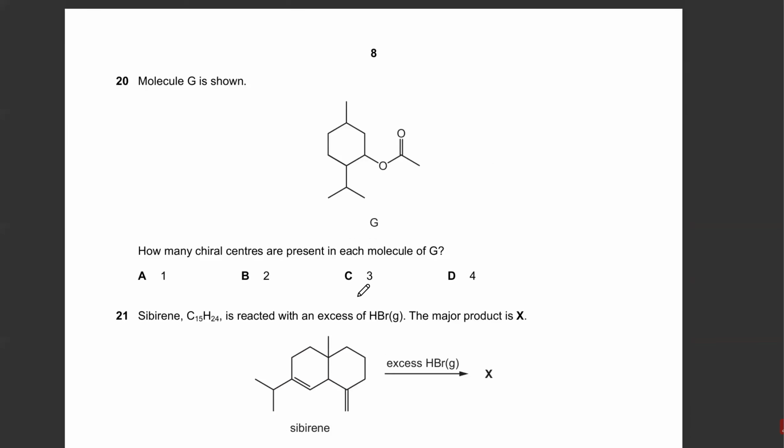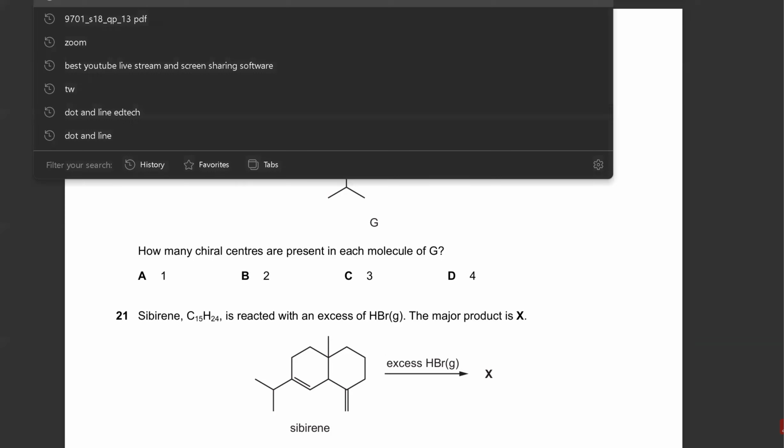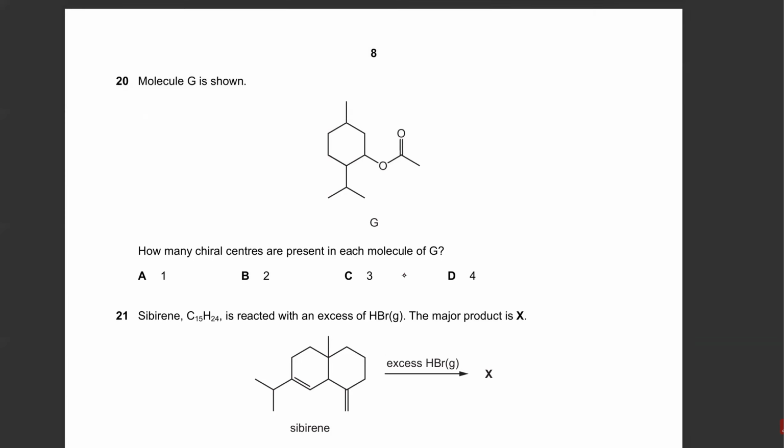tomorrow. We can do one more question. This is question 20. How many chiral centers are present? Now we've got organic questions. Carbon with the methyl branch, I think it's chiral. Usually most of these junctions are chiral.